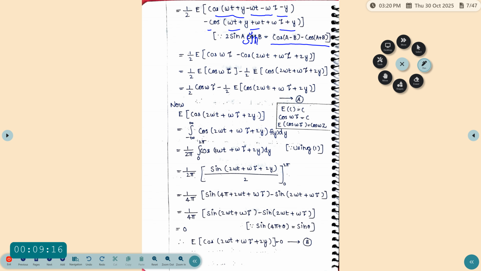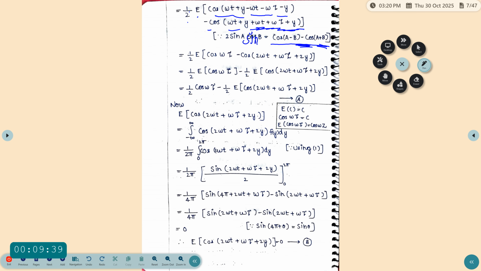Based on this formula, A is omega t plus y, and B is omega t plus omega tau plus y.